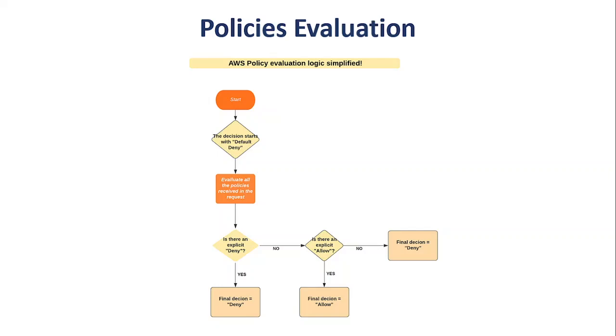So in simple words, we can say explicit allow beats implicit deny, and explicit deny beats explicit allow. That's pretty much straightforward. So in the situation I was explaining, it will be a denial.